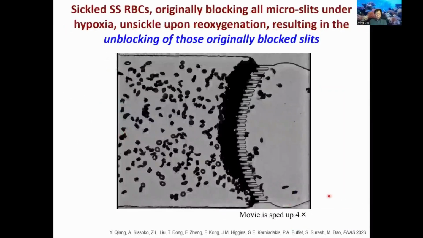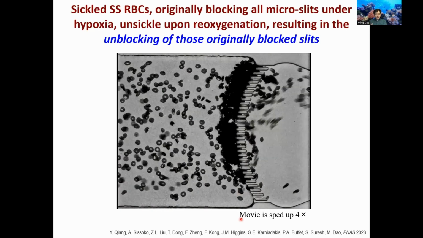One interesting observation is, after the blocking of all these slits under hypoxia, if we put the oxygen back, so it becomes normoxia condition, what happens? This is what happens.